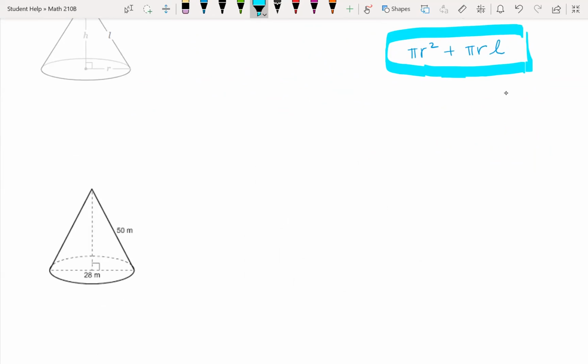So for this example, we'll use the formula that we have. So our surface area is going to be pi times the radius squared. The radius is 14 in this case, right? Because it's half of 28, plus pi times the radius, which is 14, and the slant height is 50. For these examples, I'm going to leave the pi symbol to show the exact answer, and then I'll estimate for an approximate answer so you can see the difference.